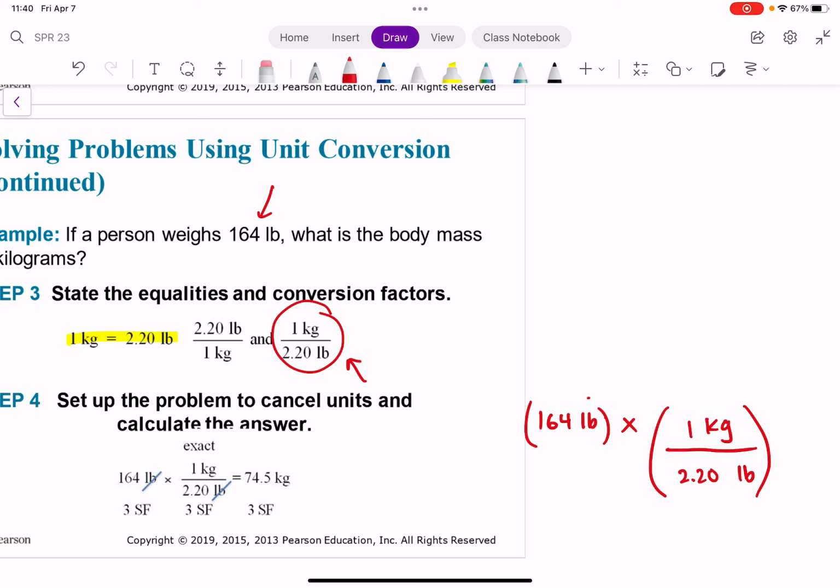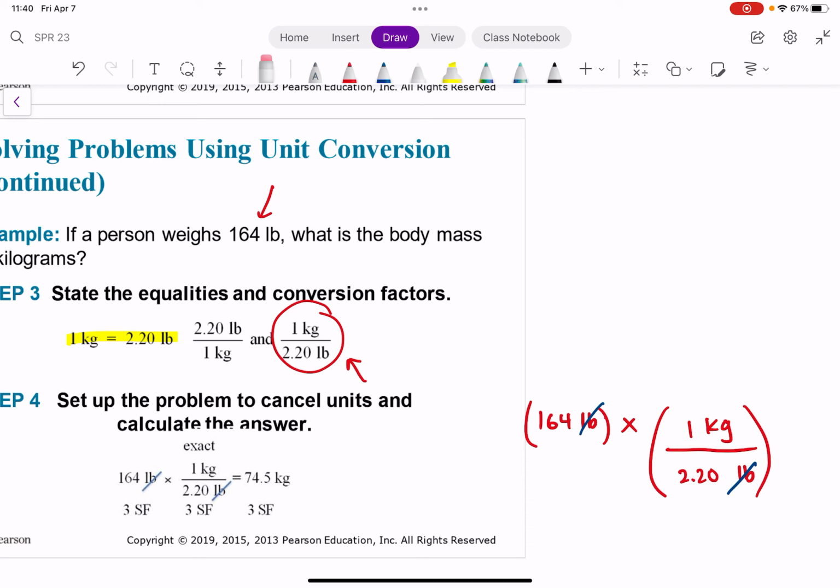And now, if you think about it, you can cancel out this and this, right? Because you have it in the numerator and the denominator. Then these two, you can cancel them out because they're the same thing. You're basically taking what's in the numerator and dividing by what's in the denominator. Any number divided by itself is just 1.